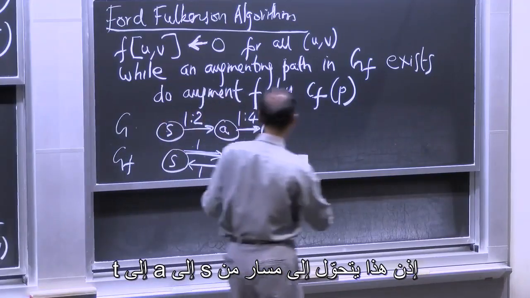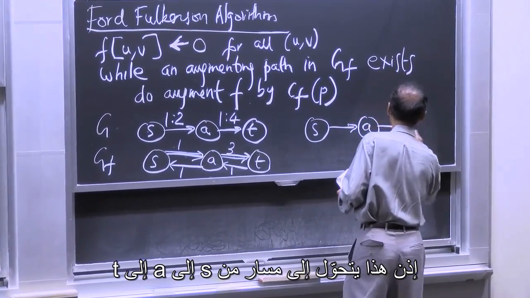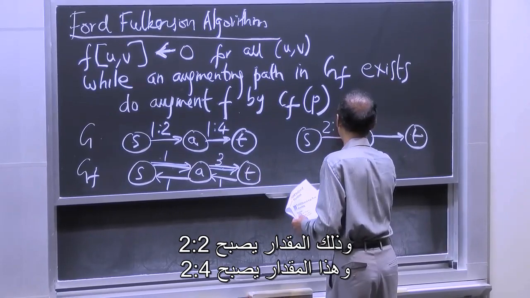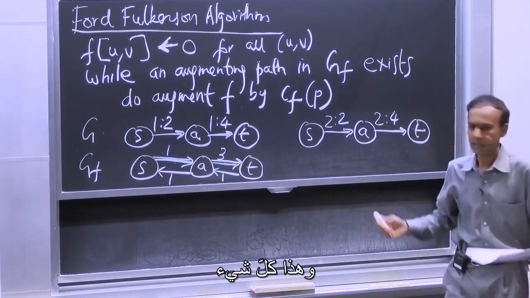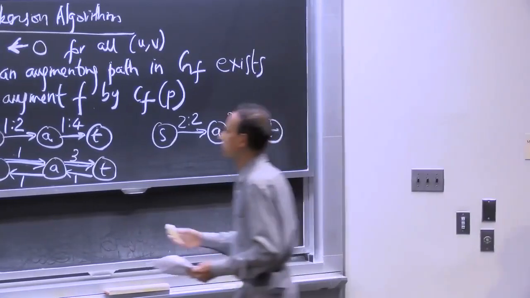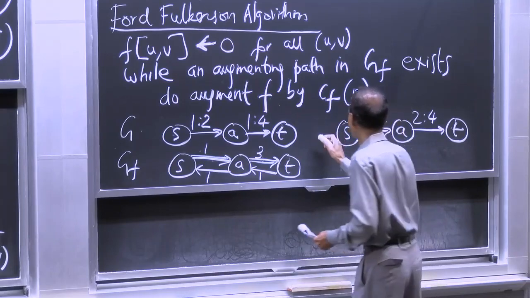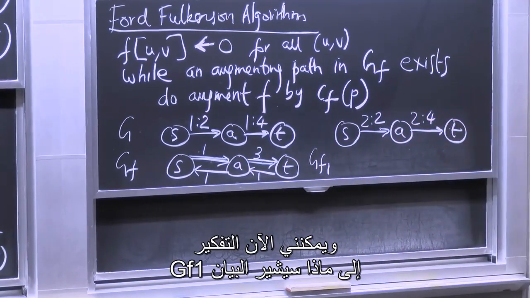And so this turns into S to A to T, and that becomes 2:2. This becomes 2:4, and that's it. Right? So I now have G with a new F. So I can now think about what does G of F1 correspond to.